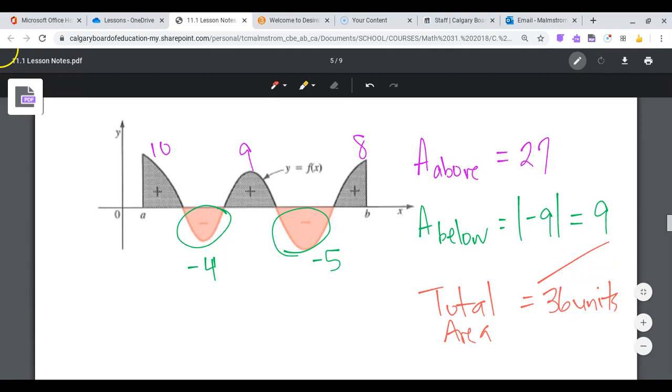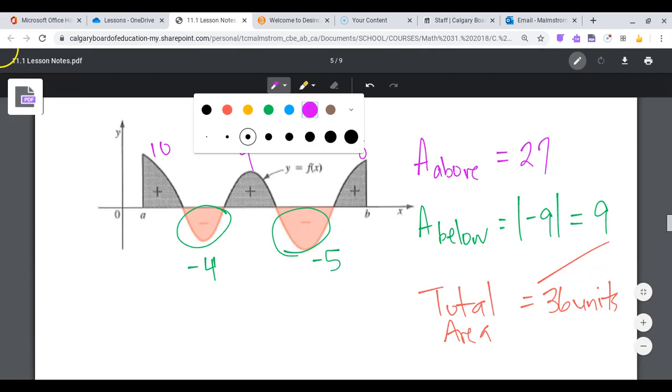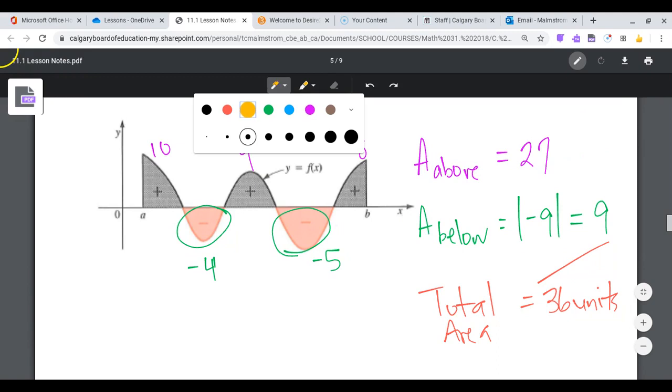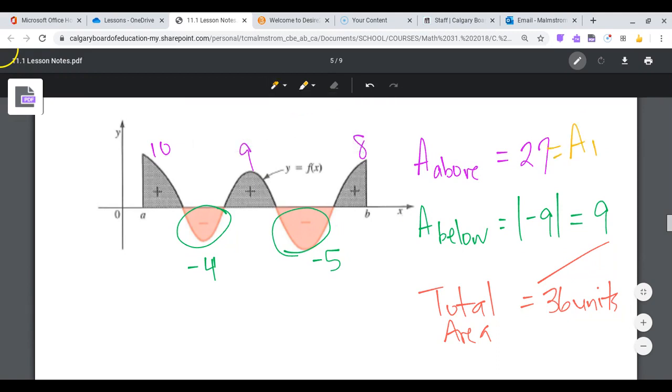This is saying, what if we wanted you to calculate the integral, not the area, but use your area numbers to do so? Then the 27 would represent A1, and the 9 would represent A2. So if I wanted to know the integral from A to B of whatever this function is, kind of looks sinusoidal, but it doesn't matter, then I can take the above area and subtract the below area.